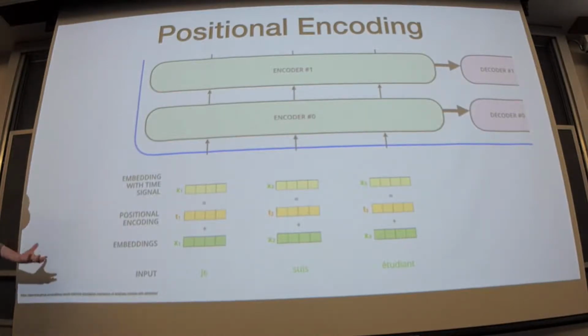And you might expect that some notion of ordering in the sentence should help in understanding the semantic content of the phrase, because otherwise it's just a bag of words.